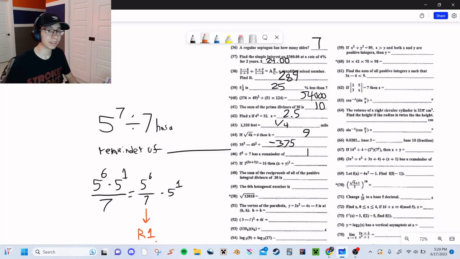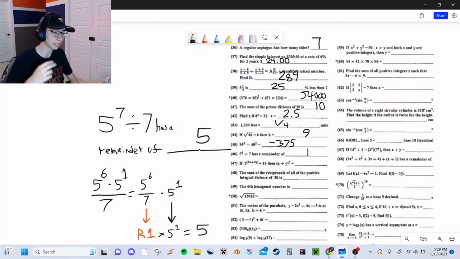But I still have that extra 5 hanging around, so what do I do with it? Well, to get the new remainder of 5 to the 7th, instead of 5 to the 6th, I'm just going to multiply by 5 to the 1st. And that is going to give me 5. So 5's my answer. This would have a remainder of 5.